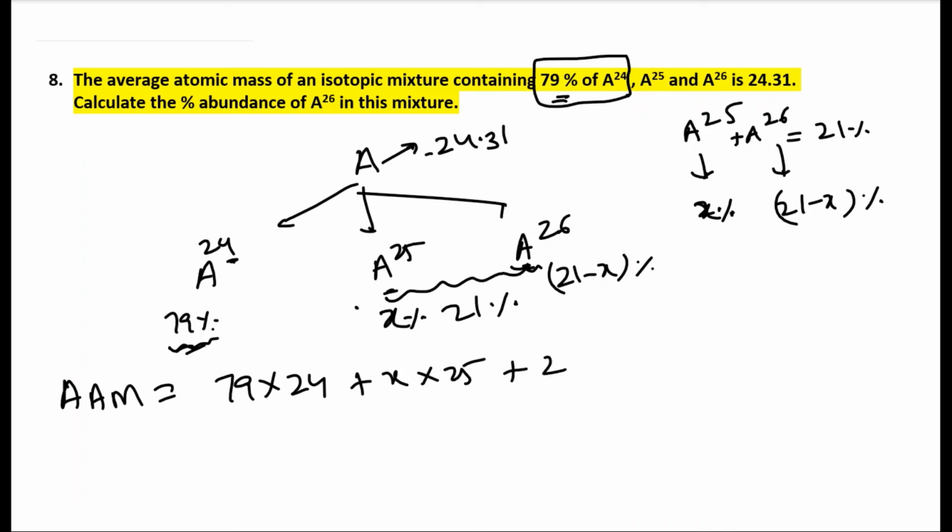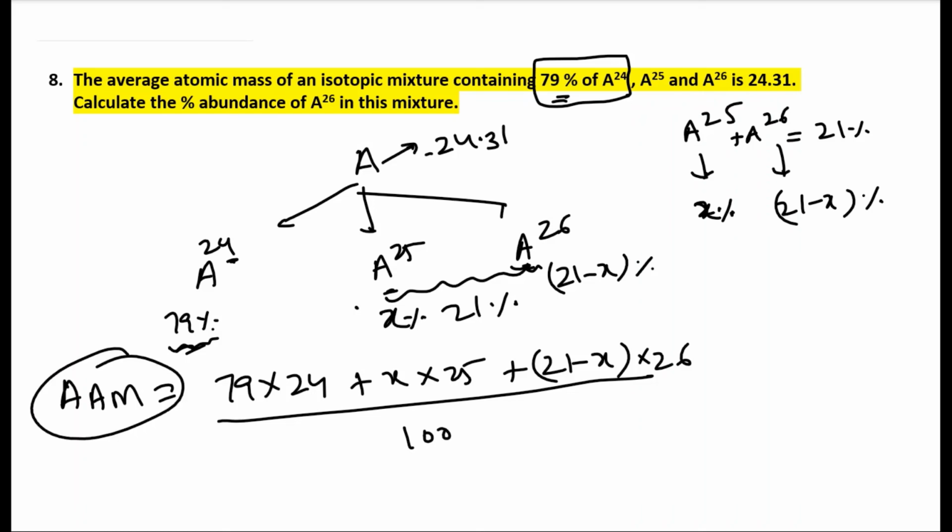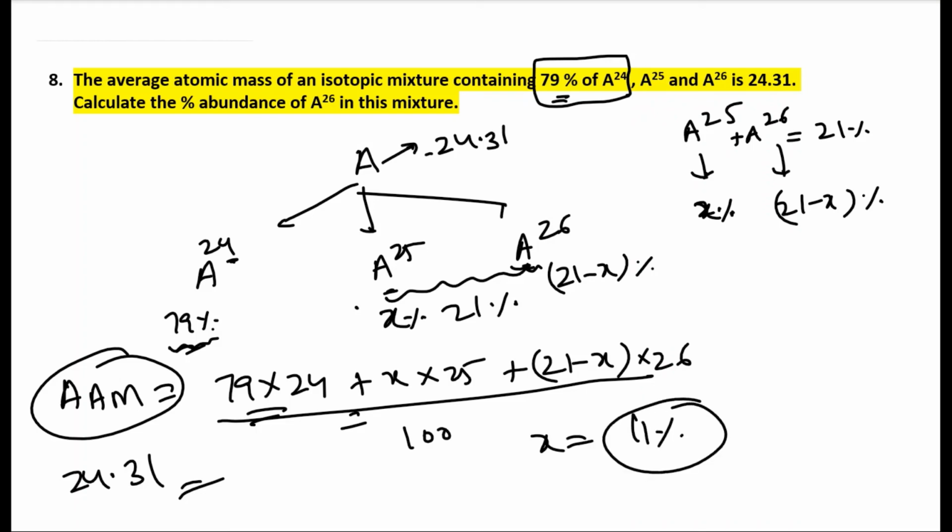Please closely observe. This value is also already given, 24.31. By using all this information, find out X. What is the X value? You are going to get 11. So A25 is 11%, and A26 how much percentage is there? It is 10 percent. This is our answer. I hope it is clear.